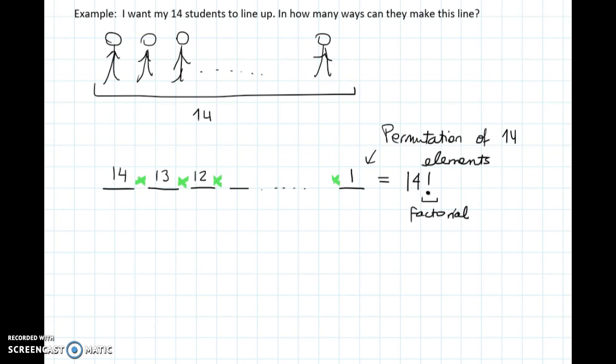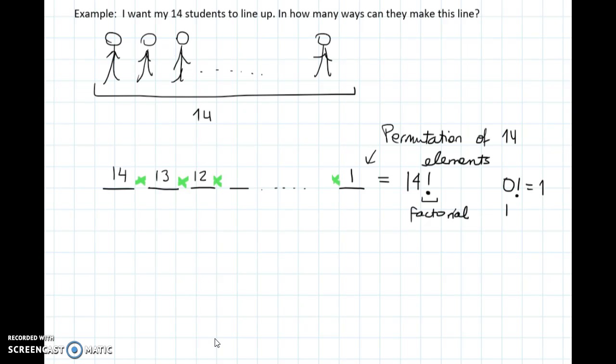About this notation, let me add two things. First of all, we agree by definition that 0 factorial is exactly 1. There's no way of doing the same multiplication process when we start with 0, so we just say 0 factorial is equal to 1.